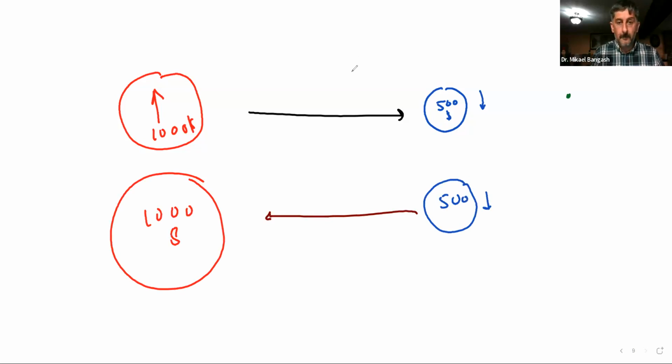Okay, so where did we go from here to here, or from here to here? Comparing this $1,000 to $500, or $500 to $1,000, that change in both cases is going to be expressed in terms of decibel.